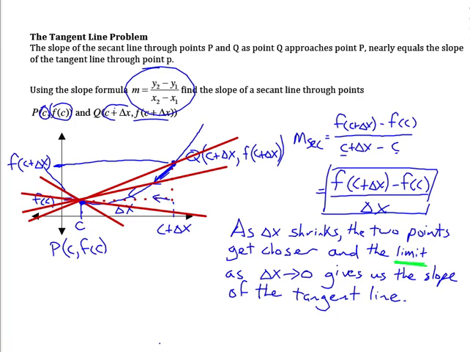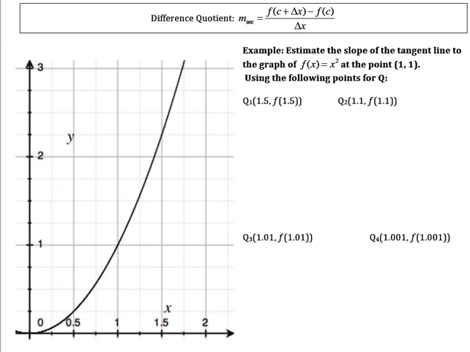For today, however, we're going to be sticking with that idea of differences leading to an approximate answer, and as we get more accurate, we're going to get an actual answer. So, what we're looking for here is to estimate the slope of the tangent line to the graph of f of x equals x squared at the point 1, 1.